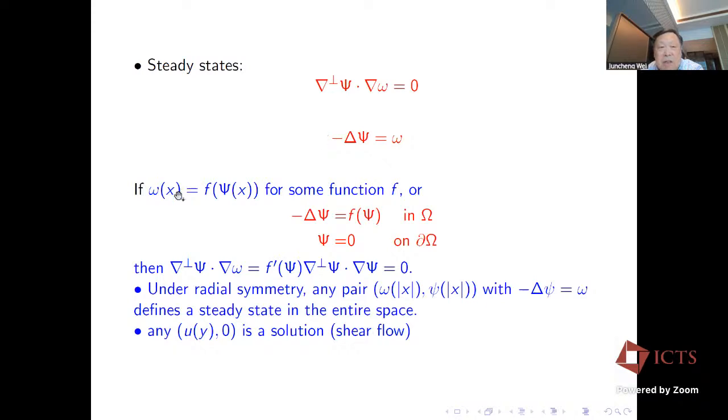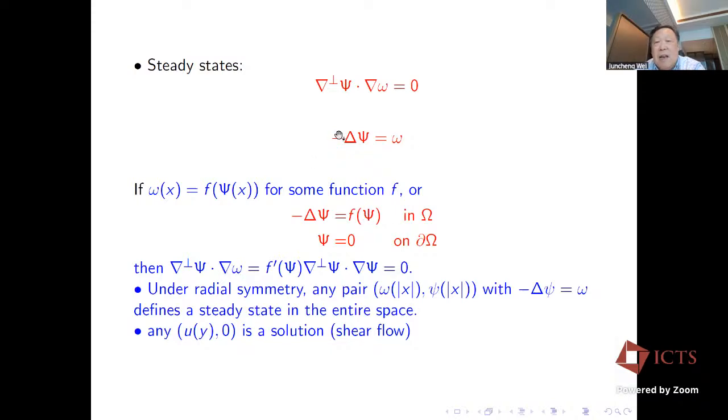If the vorticity is a function of the stream function, then of course this satisfies the first equation, so that gradient perpendicular psi times gradient omega equals 0.